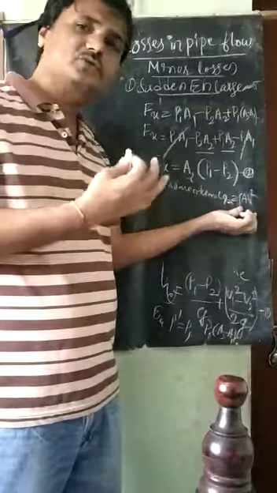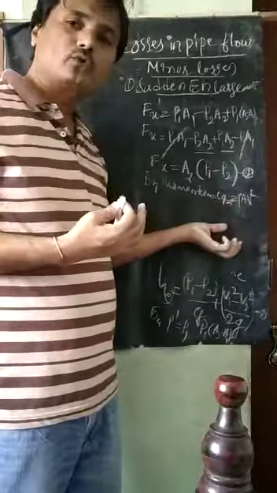We can write F is equal to ma in this way also: rho A into square of the velocity.